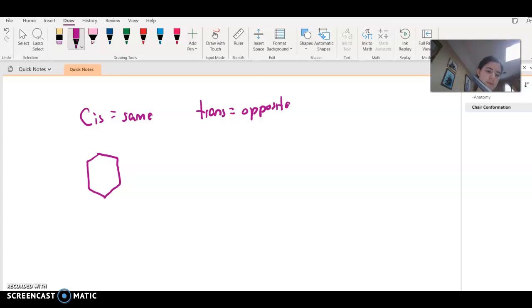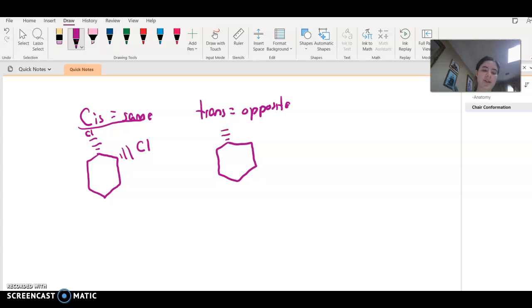So if we have these, are these two hydrogens cis or trans? Actually, we'll make them chlorines. Are these two chlorines cis or trans? They are cis.